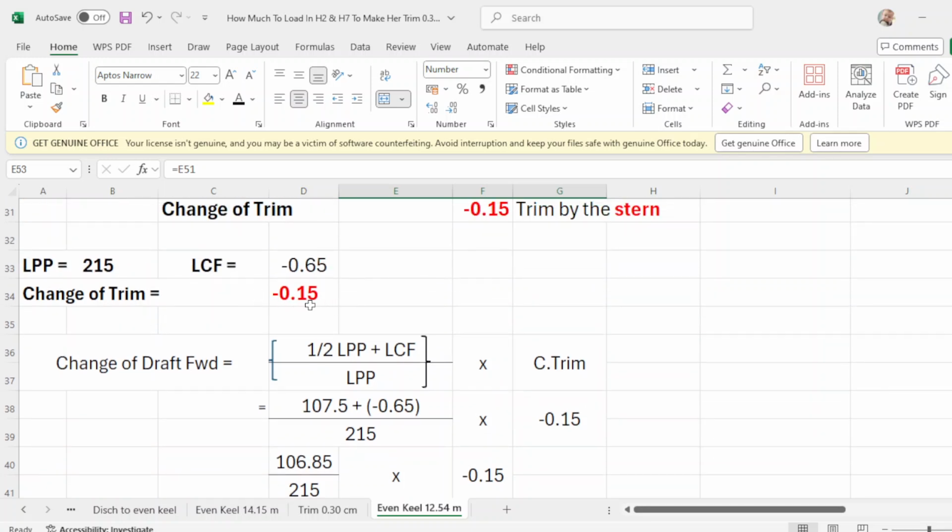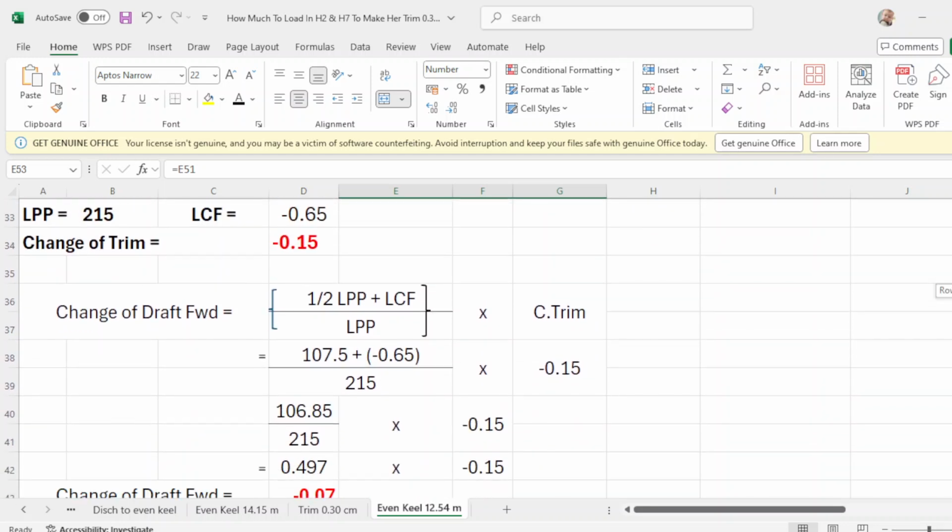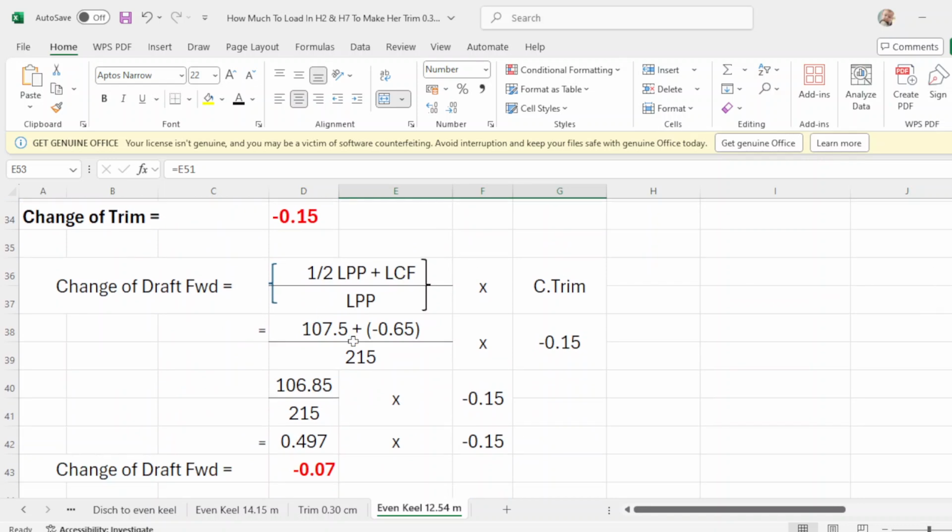So you add these two, that will be 106.85 over your LPP of 215 times change of trim. Divide this one, that will be 0.497 times your change of trim, and your change of drop forward will be negative 0.07.